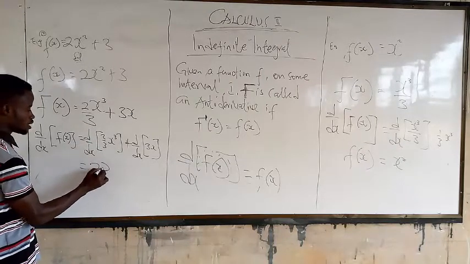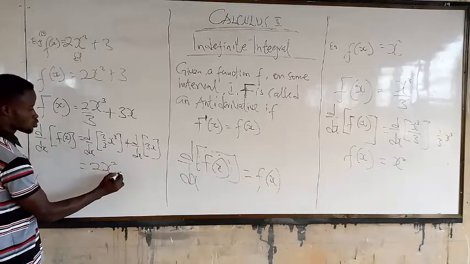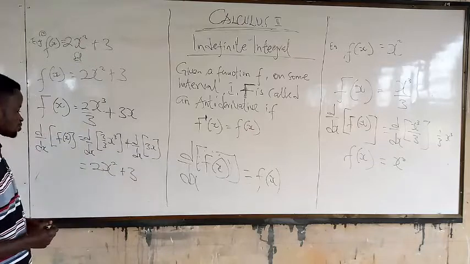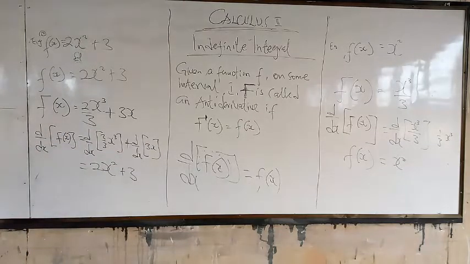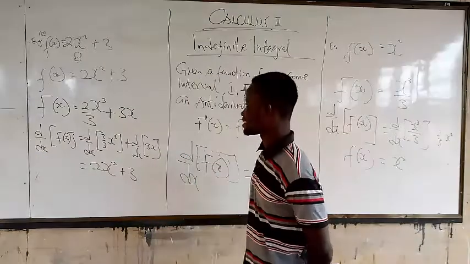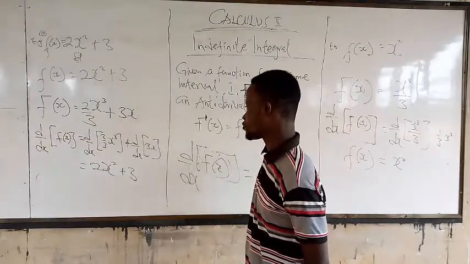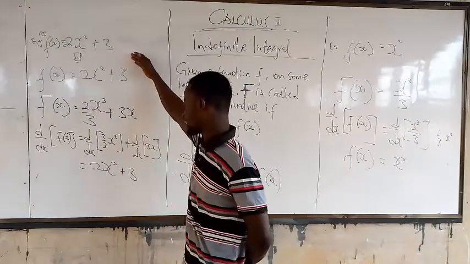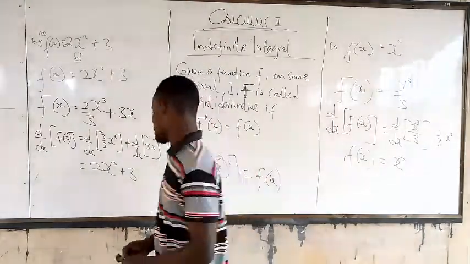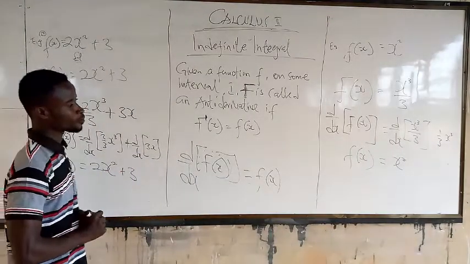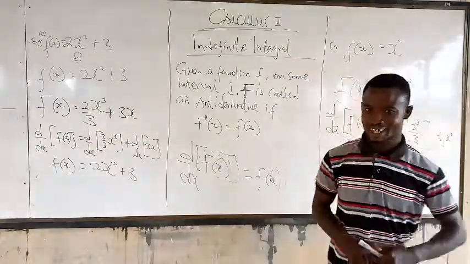So 2s squared, subtract 1 from the power, you get 2s, plus when you differentiate this, you get 3. Beautiful. I hope you can see what you are getting here. But here, truly, we have the function back, and that is 2s squared plus 3. So this is small f of s.